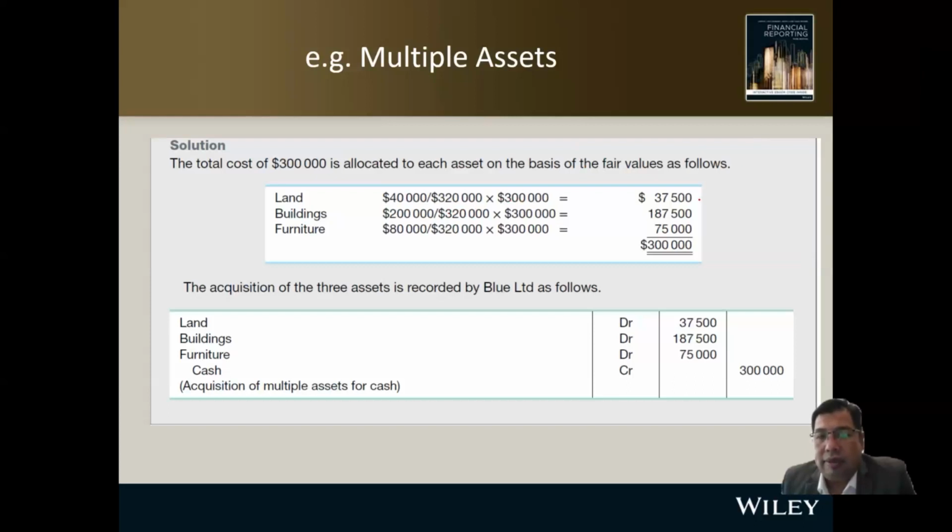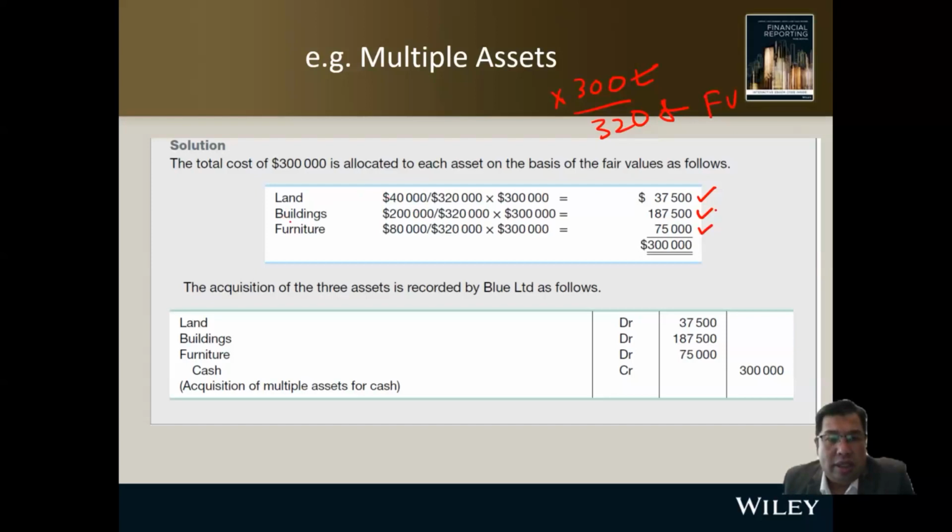So I'll get 37,500. For the building, 200,000 multiplied by 300 divided by 320. This is your purchase price, what you paid for. This is the total fair value of assets. So you get 187,500 and furniture 75,000.